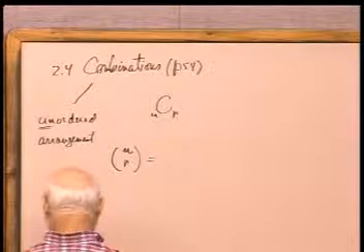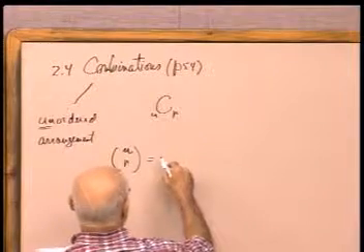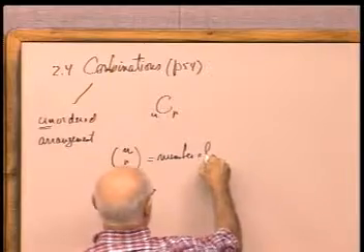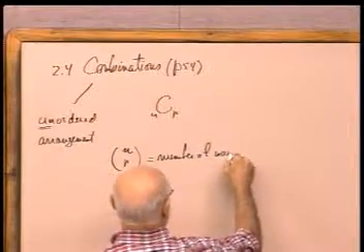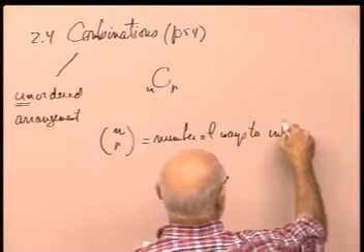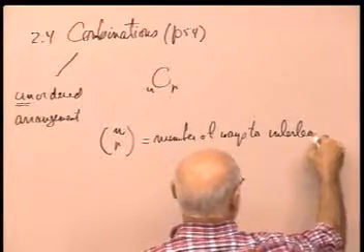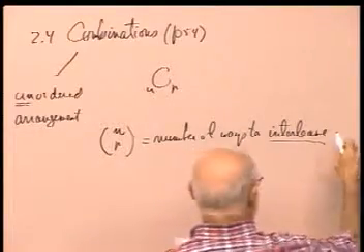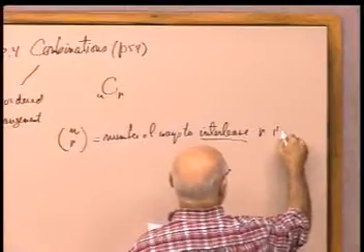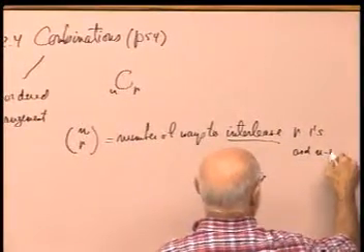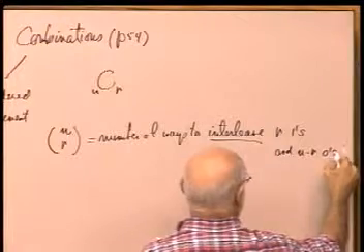Okay, so this thing I'm going to call equal to the number of ways to interleave r 1s and n minus r zeros.